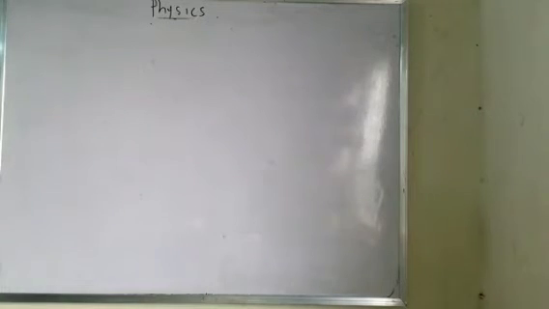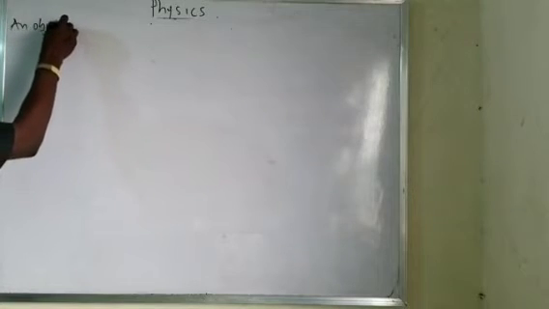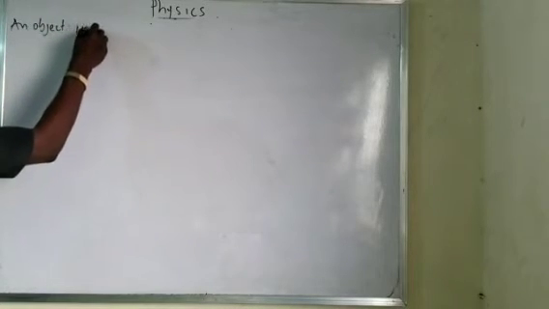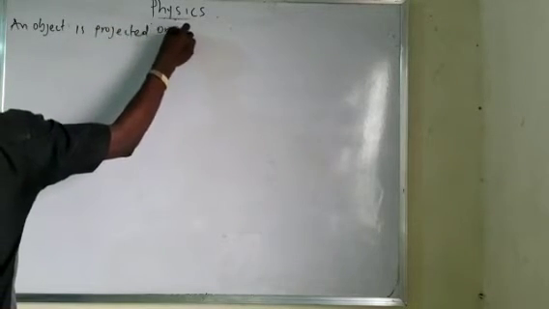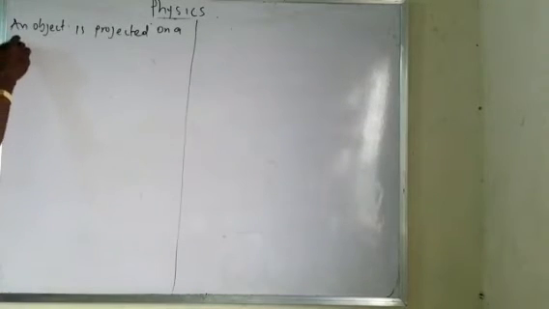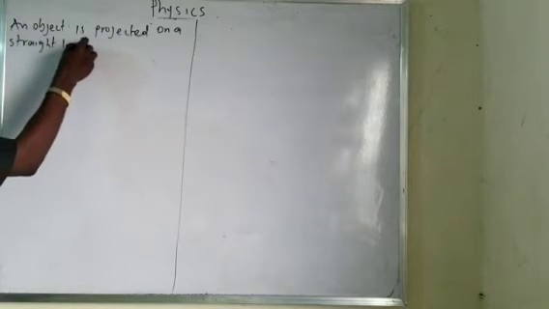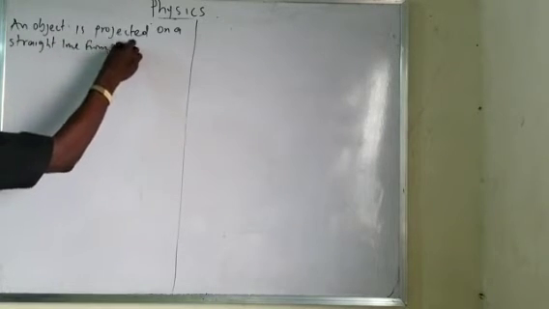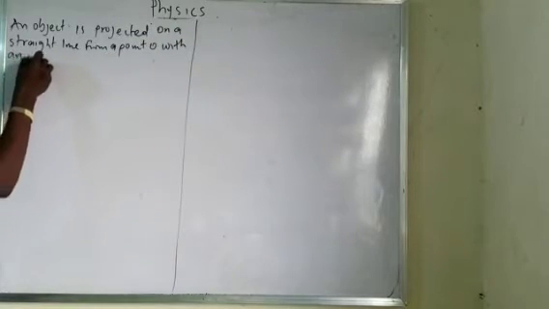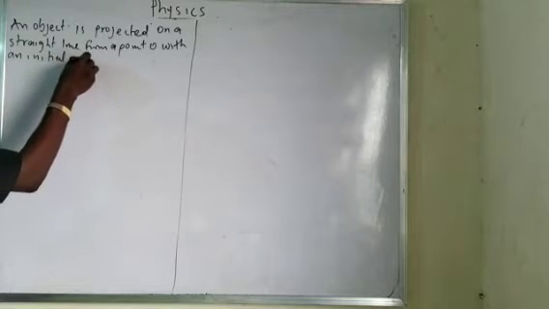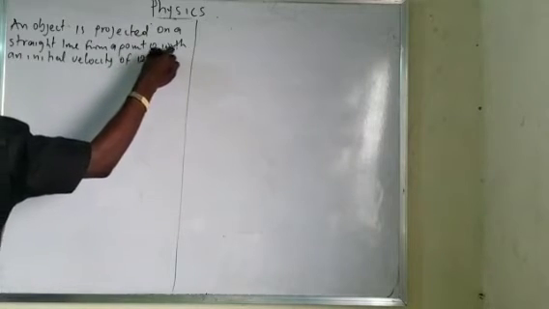Now, an object is projected on a straight line from a point O with an initial velocity of 12 meters per second.